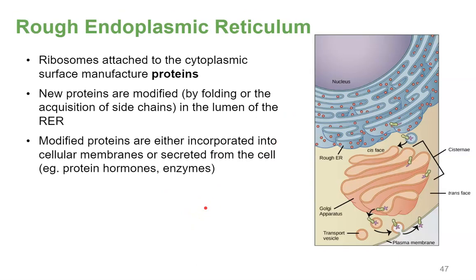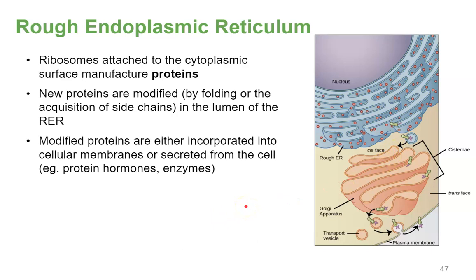So the first type that we'll talk about is the rough ER. The rough ER, again, is rough because it has ribosomes on it, and those ribosomes create protein. Those proteins will enter the hollow lumen of the RER, and they will exit via vesicle and enter the Golgi apparatus from there.